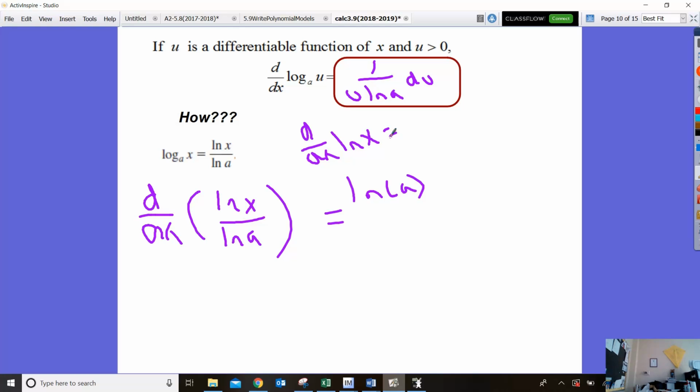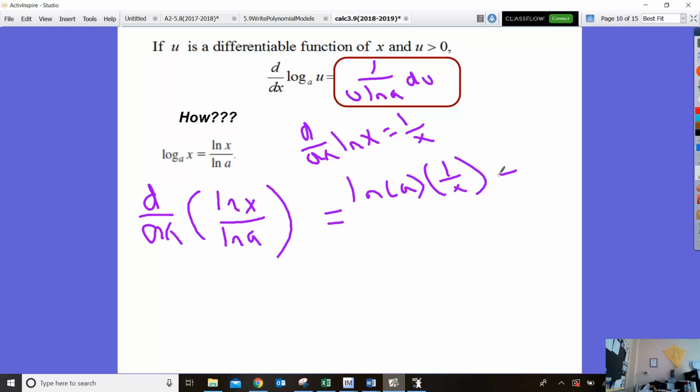In your notes, except you have a u there, 1 over u. So the derivative of the natural log of x is just 1 over x in this sense. And the derivative of the x would be the number 1. I have 1 over x.